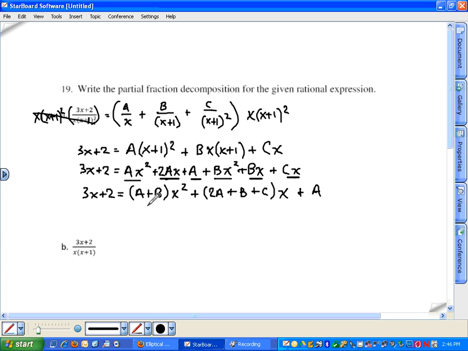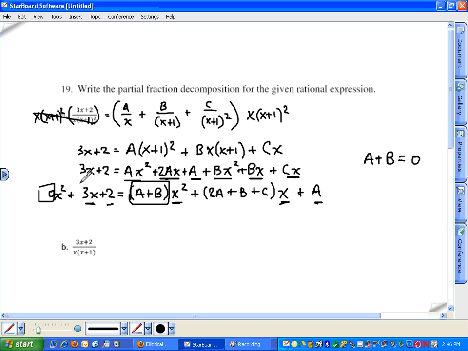We have an x squared term, an x term, and a constant. Over here we just have an x term and a constant, so we need an x squared term to compare it to the right side. The coefficient of this x squared term is 0. The coefficient of this x squared term is a plus b. So we conclude that a plus b is equal to 0.